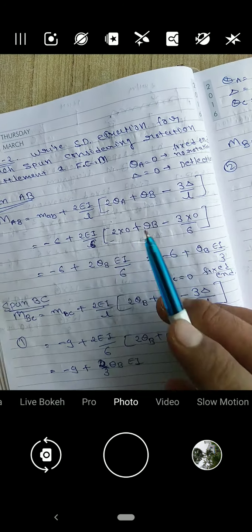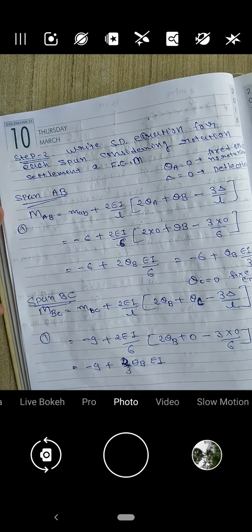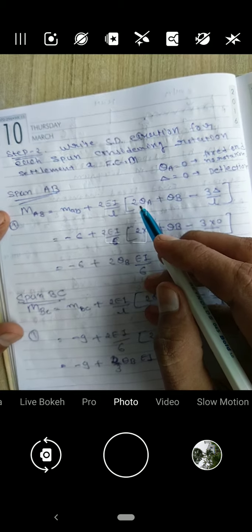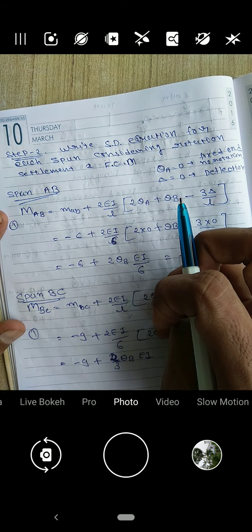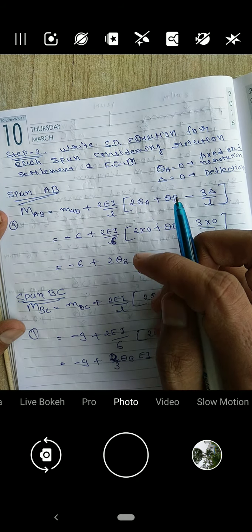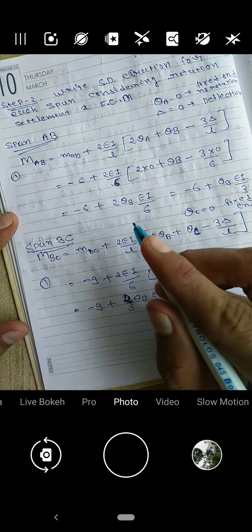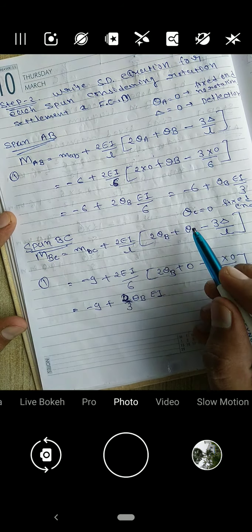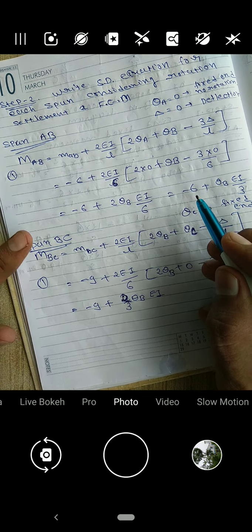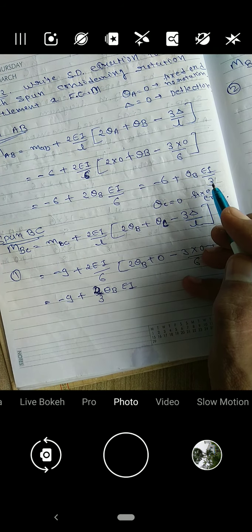Theta A is equal to 0 because of the fixed end, and theta B we will find, and delta by L is 0. So we calculate, and the final equation was minus 6 plus theta B EI by 3.